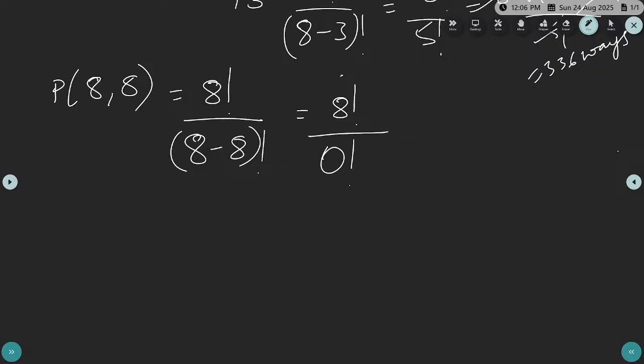So this will become 8 factorial, not 8. 8 into 7 into 6 into 5 into 4 into 3 into 2 into 1.